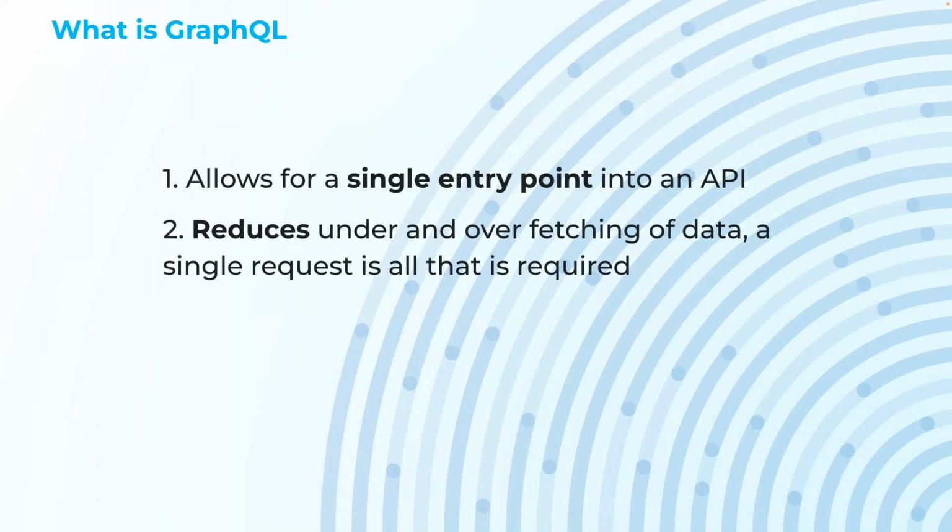GraphQL helps to reduce under and overfetching. Realistically, a single request is all that's required. You may need to do some post-processing in some edge cases. So a GraphQL endpoint allows for very targeted data fetching. If we think about how the Cloudgraph API would work, you can query every single EC2 instance that has been ingested.